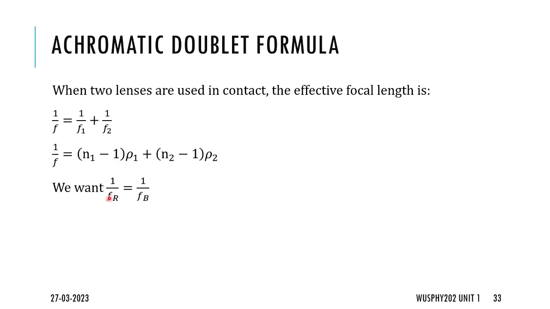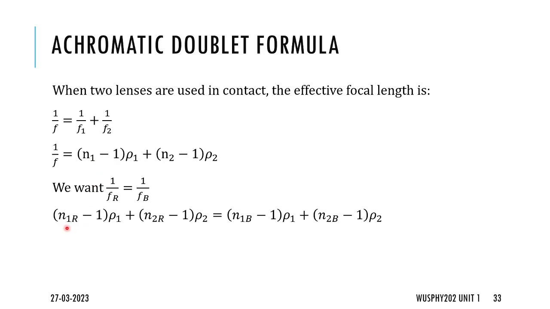What we want is that the focal length for red and the focal length for blue must match. Therefore, red and blue will come together. So we want 1 by fr to match with 1 by fb.